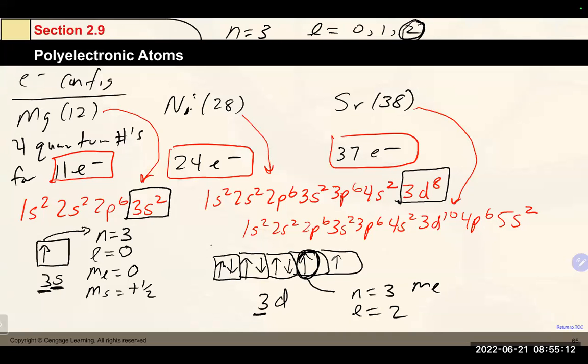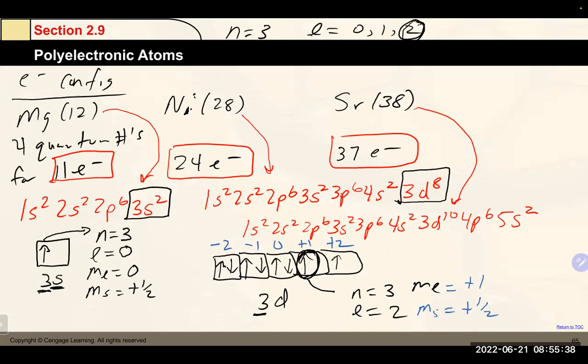If you draw the boxes, it would be -2, -1, 0, +1, and +2. So we can see the electron is in the +1 box in this case. And it is also pointing in the upwards direction, which should be +1/2. Any questions on that there?